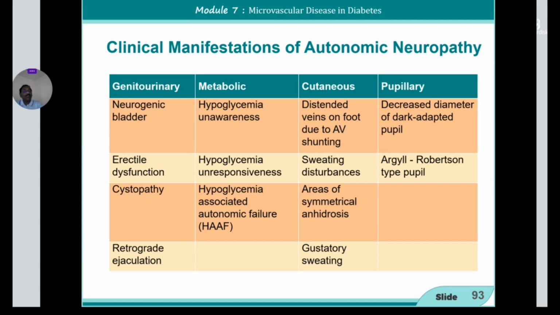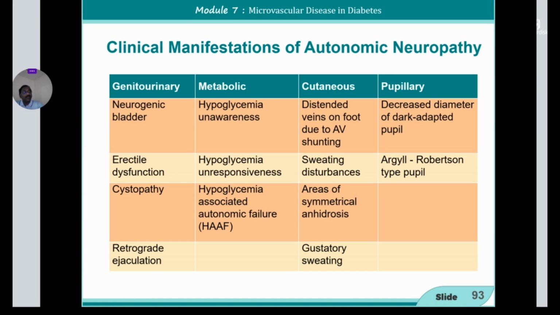And some individuals, especially elderly diabetics, chronic diabetics whose HbA1c is beyond 10 or 11 for many years, will land up with neuroglycopenic hypoglycemia. So that is hypoglycemia unawareness. They may not recognize the hypoglycemia by themselves. So the blood sugar will fall to 20, 30, 40. So what will happen to the body?